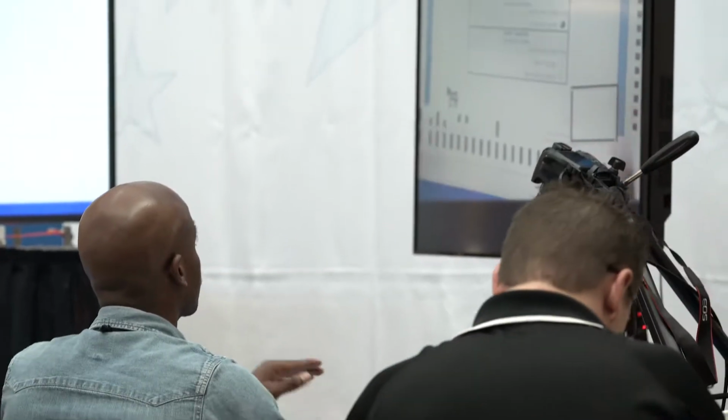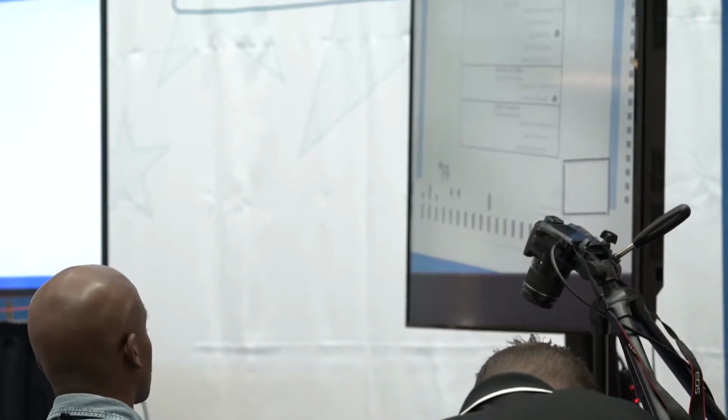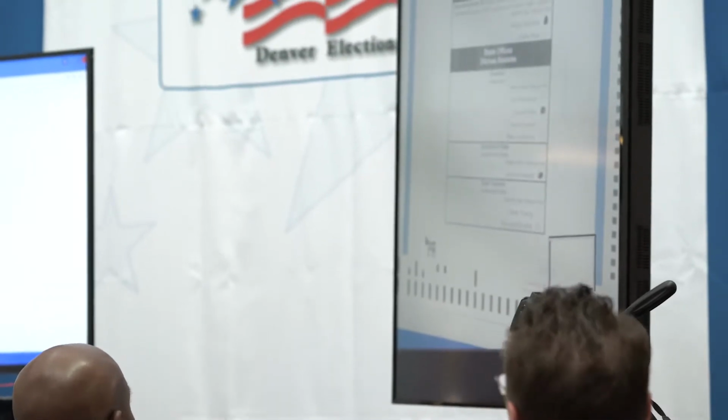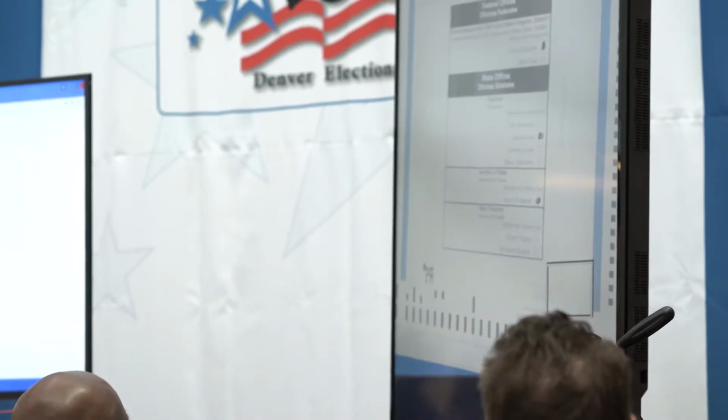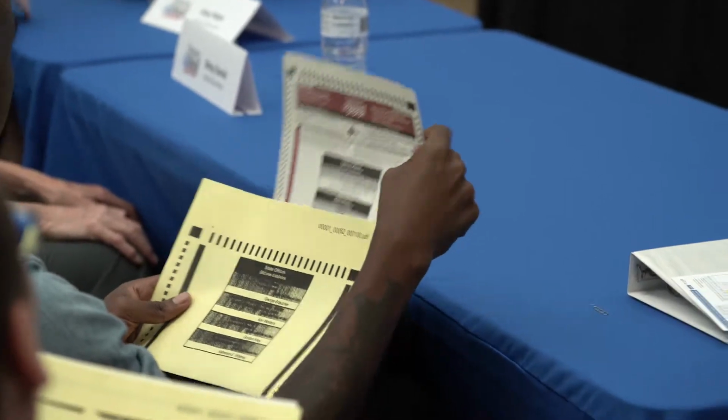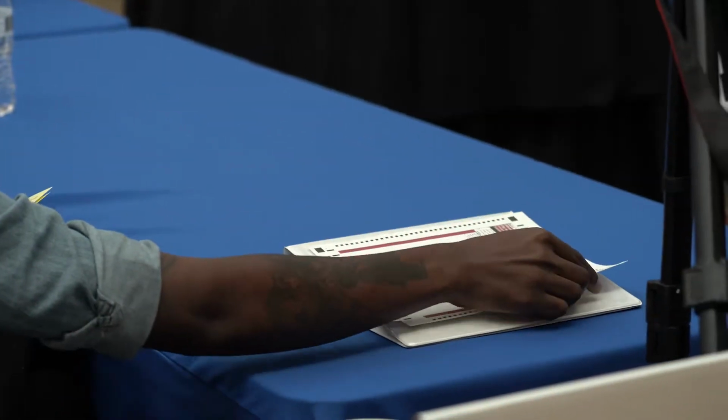For each ballot and each actual vote, a board member must decide the voter's intention. The audit board judges only the original ballot in order to ensure that the original voter marks are being judged.